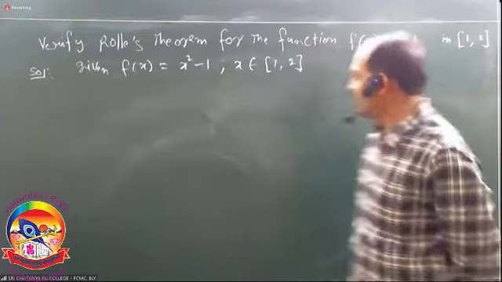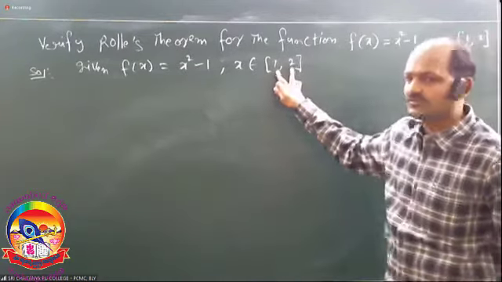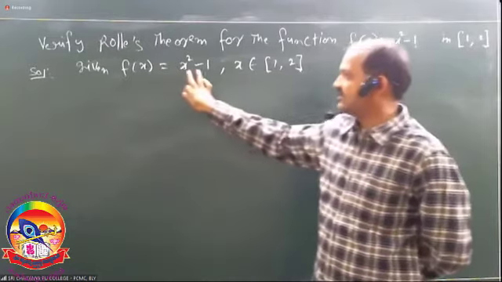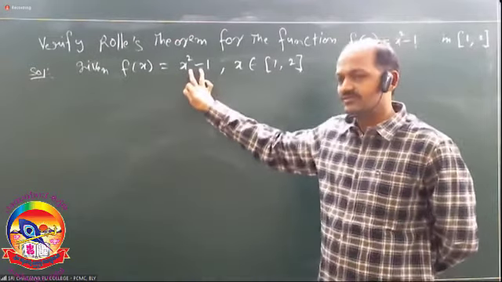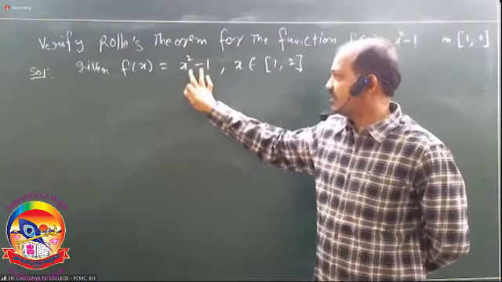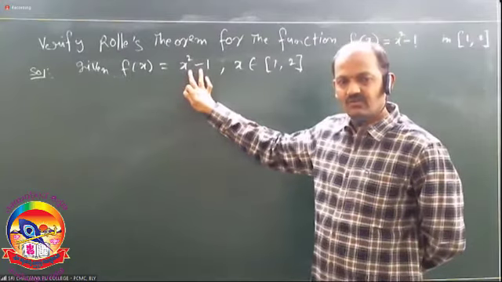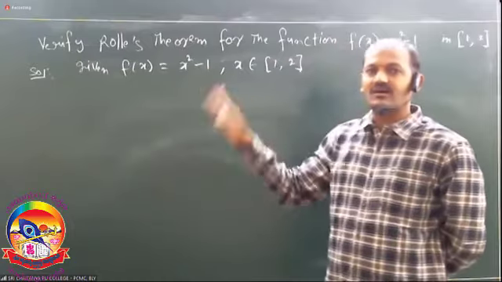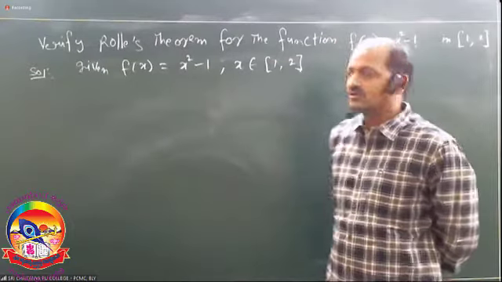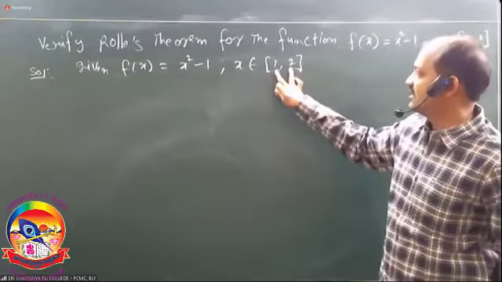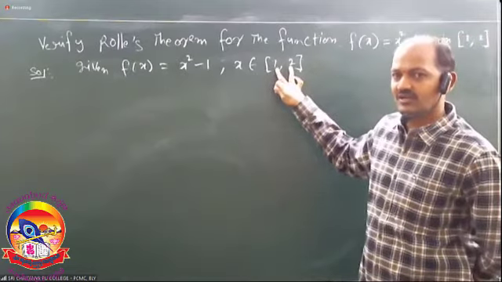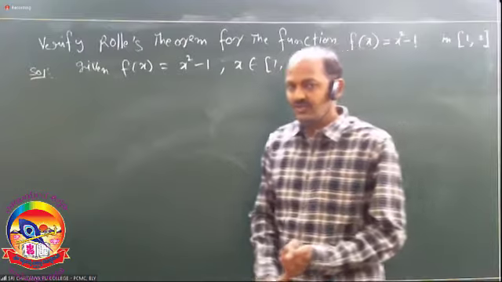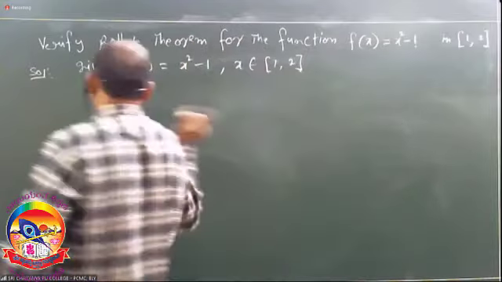So particularly in 1 comma 2 also it is continuous. Clearly it is a polynomial function. We know that every polynomial function is continuous for all values of x. So it is also continuous in the given interval 1 comma 2. So the first condition is satisfied. It is continuous in the given interval.